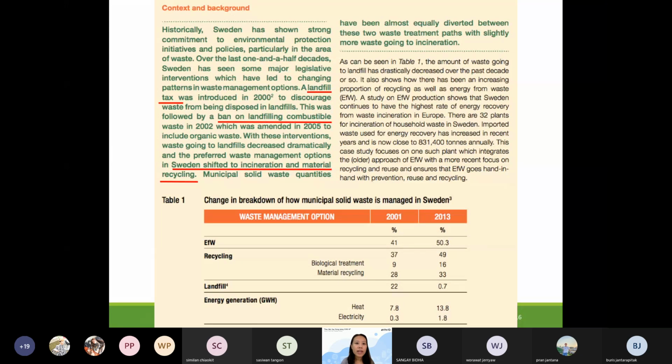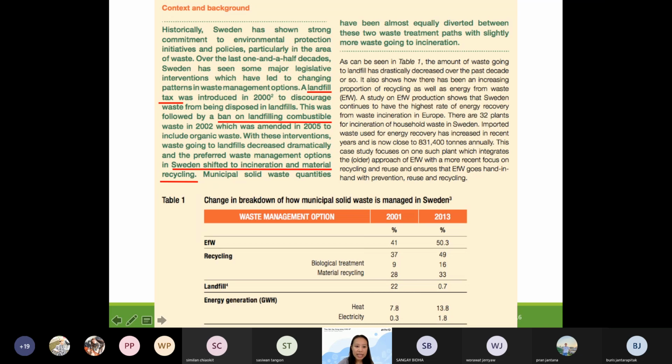After they introduced the landfill tax into waste management in Sweden, people tried to separate the solid waste and transfer some kinds of waste, like combustible waste, to the incineration process. That means the amount of solid waste transferred to landfill is reduced, because of the high landfill tax, a high cost for landfilling.